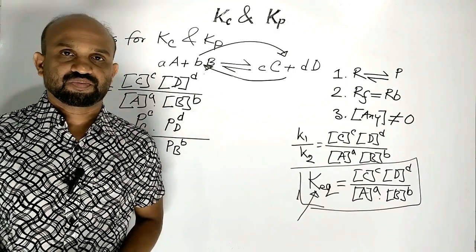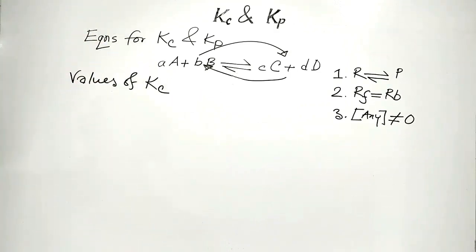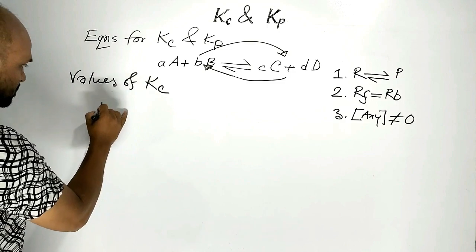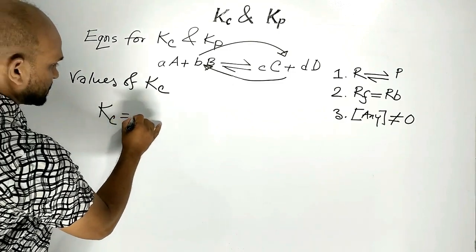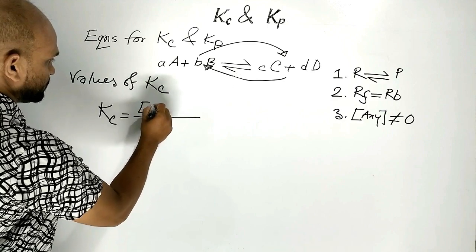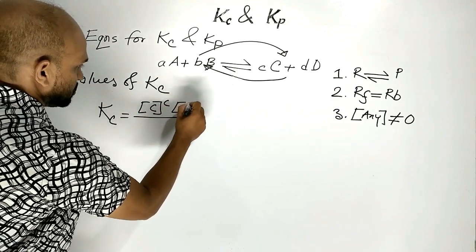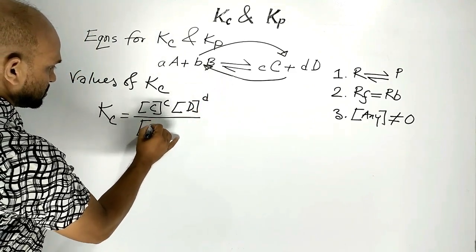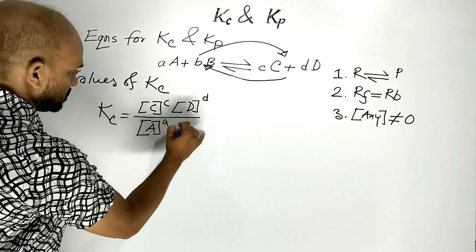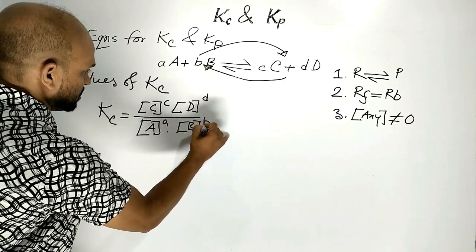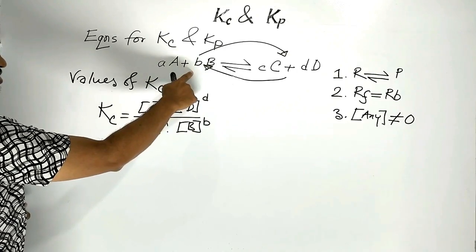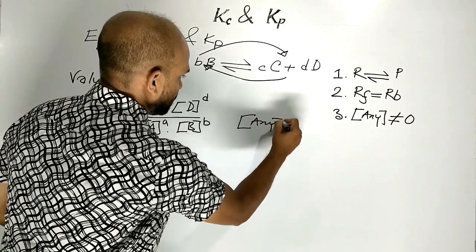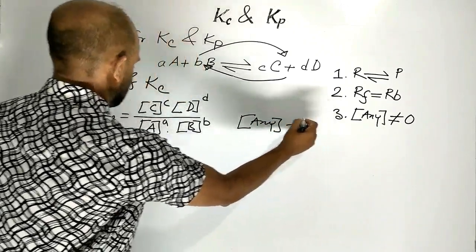Now let us see values of Kc and Kp. Firstly, values of Kc. From this equation, we can write according to law of mass action, concentration of C into concentration of D divided by concentration of A into concentration of B. As this is a reversible reaction, concentration of any component cannot be zero.